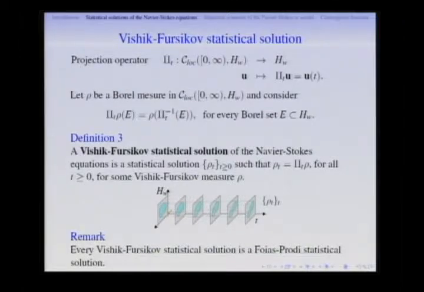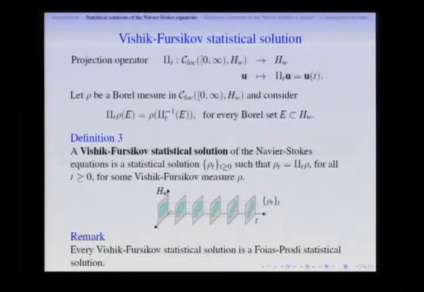So this is a picture. Remember that we had this hole in the trajectory space, and if we project at each time, we will obtain this family of measures in the phase space.